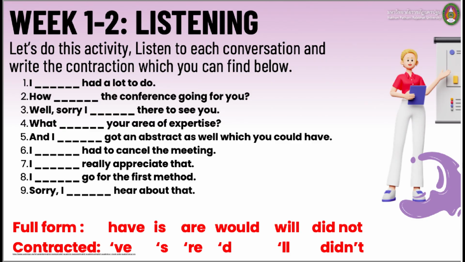And I've got an abstract as well, which you could have if that helps. 6. I've had to cancel the meeting. 7. I'd really appreciate that. 8. I'll go for the first method. 9. Sorry, I didn't hear about that.